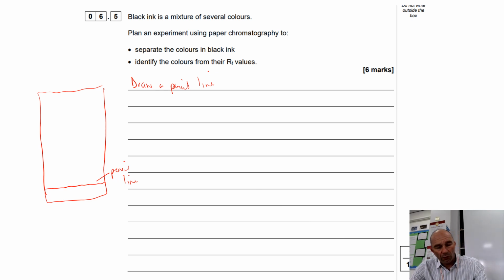Now we've put a small blob of black ink on the pencil line. So we've got our pencil line, drop of ink on the line, and then our chromatography paper needs to be put into our solvent.